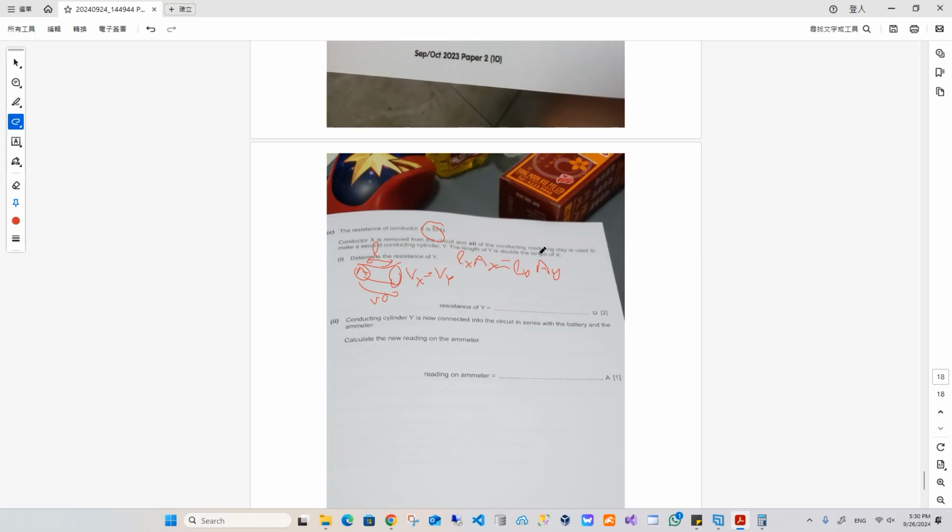My length Y is double the length X, so 2 length X, same volume.